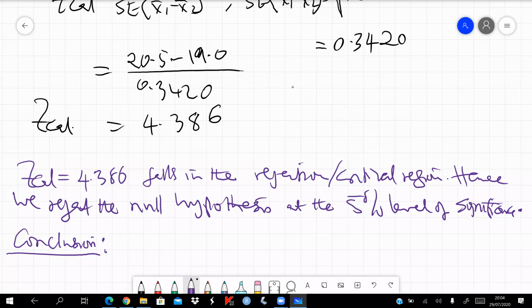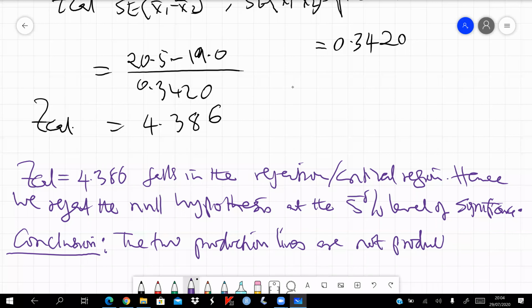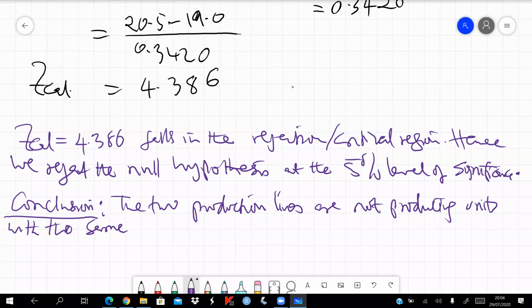So the two production lines are not producing units with the same mean life length.